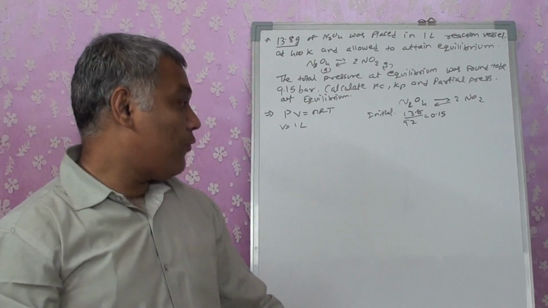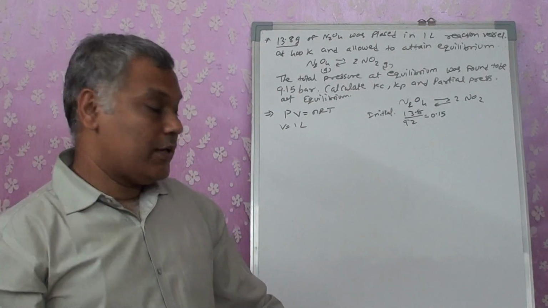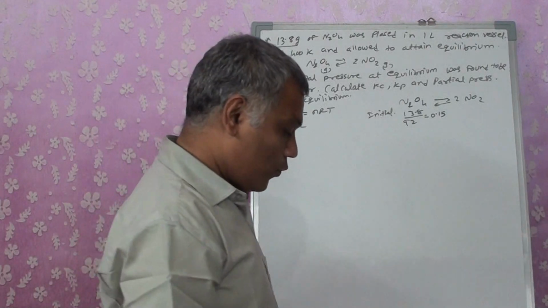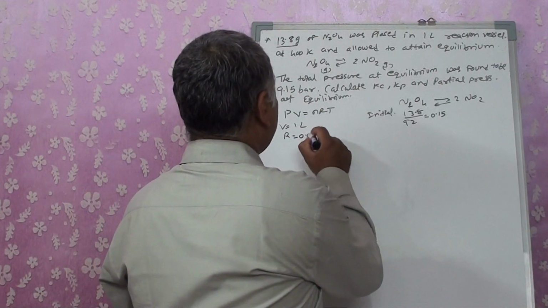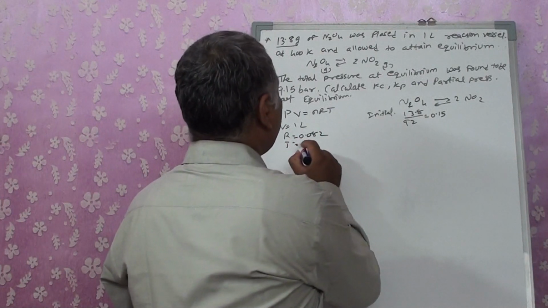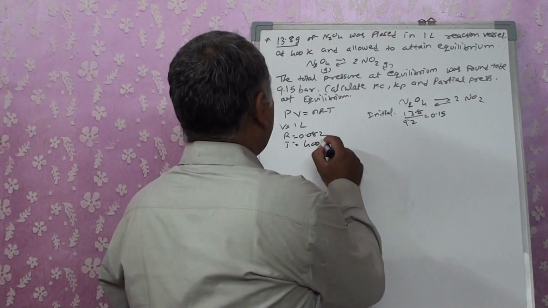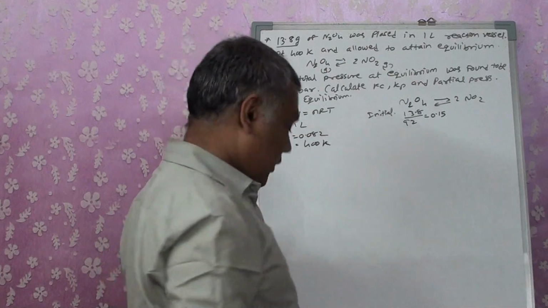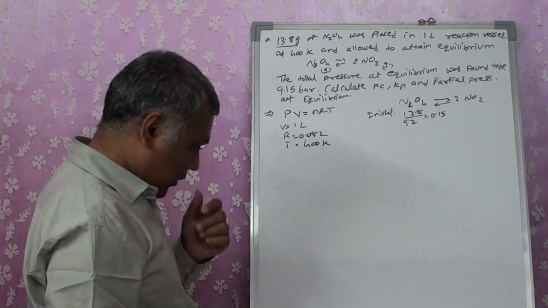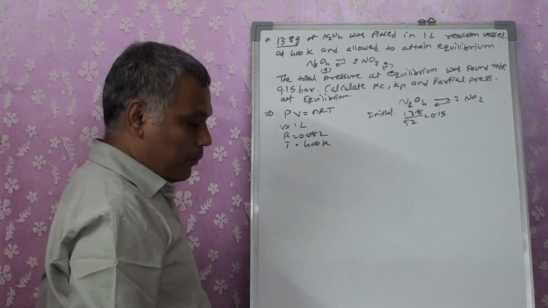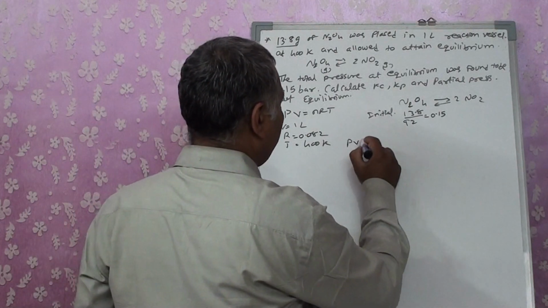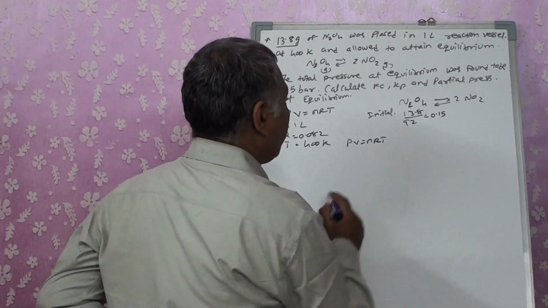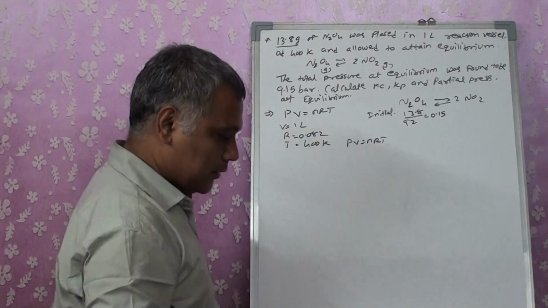The reason is that every time we would have to go through a quite lengthy method. Okay, R is given to us as 0.082, T is given as 400 K. So by using the equation PV equals nRT, substitute the values and we will get the answer.